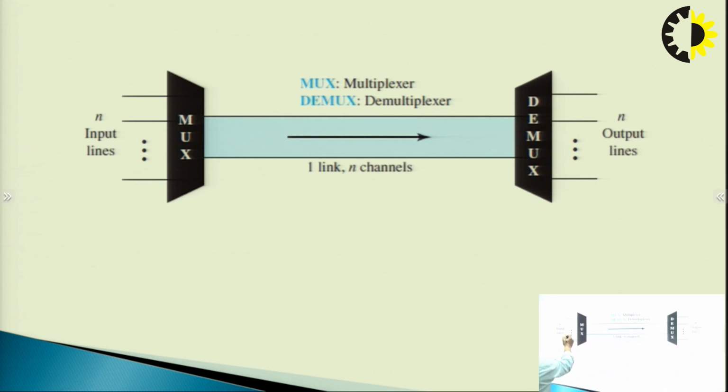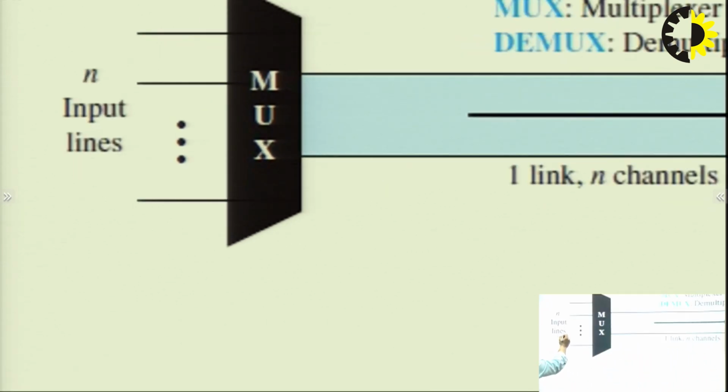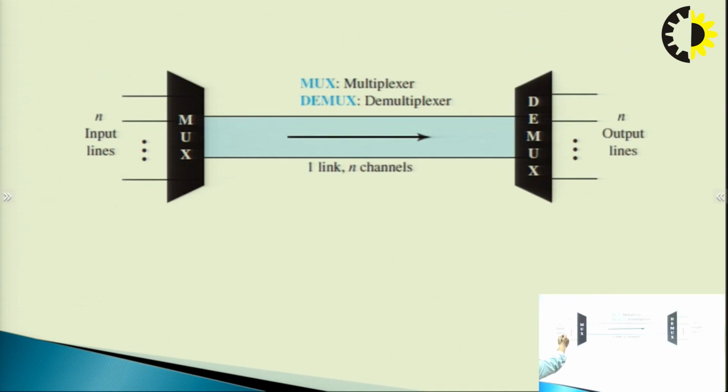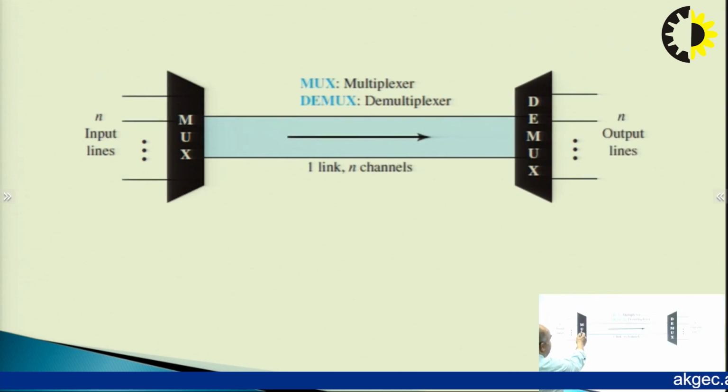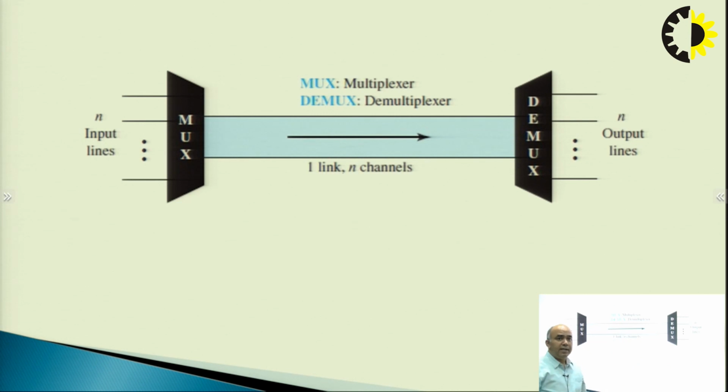All the inputs are converted by the multiplexer into a single signal and sent to the link, that is the channel, where the demultiplexer demodulates these signals and gives them to the output lines.